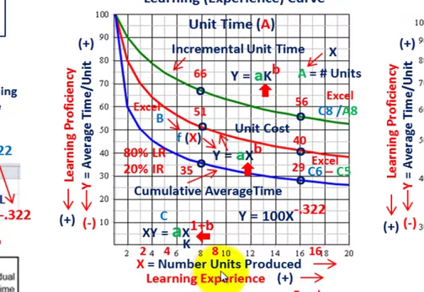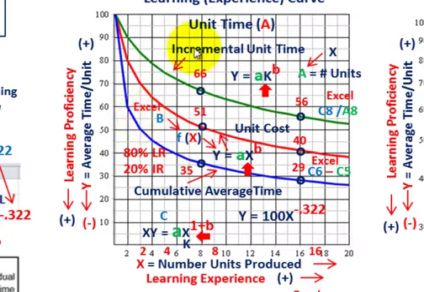That's our learning experience. We gain experience as we increase the number of units we produce, and we become more proficient with these learning curves. That reduces our average time and increases our learning proficiency.